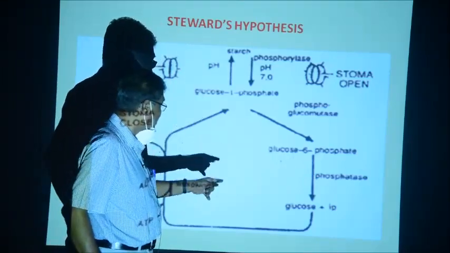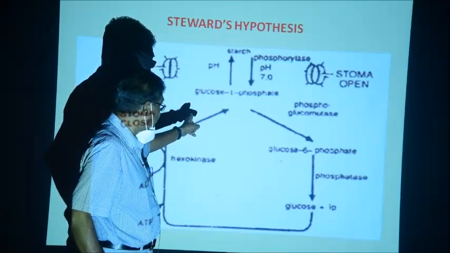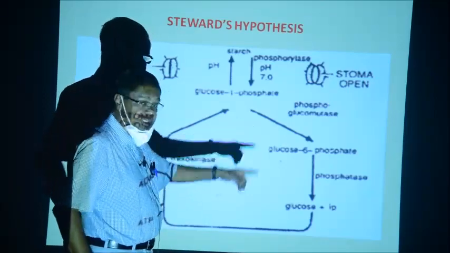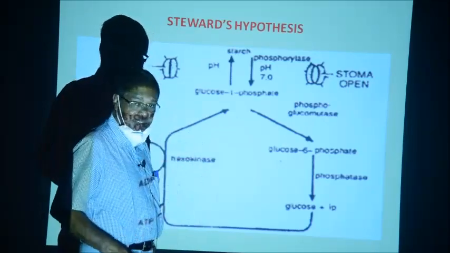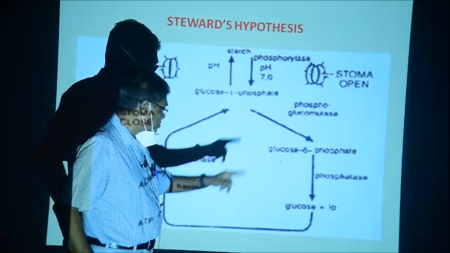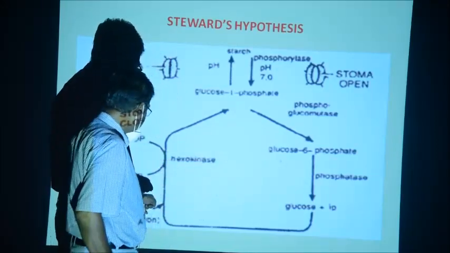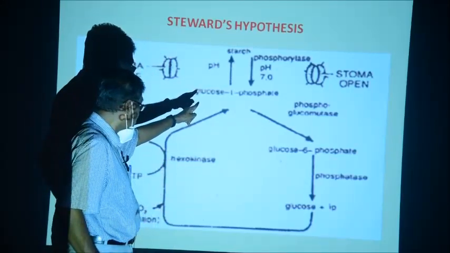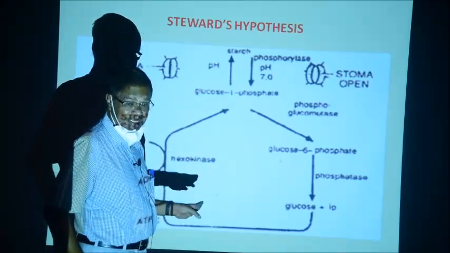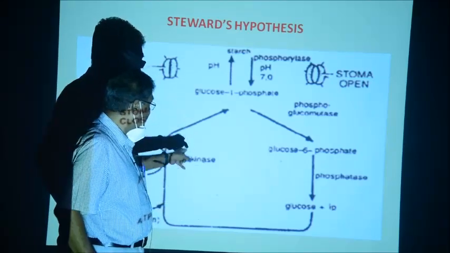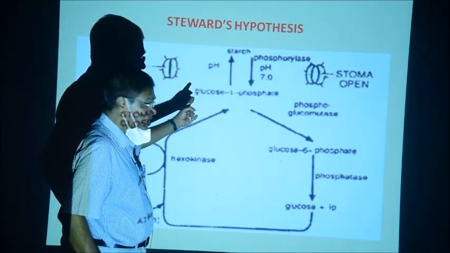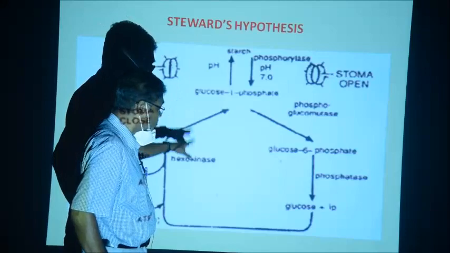This is a mutation enzyme where the phosphate changes from first position to 6th position. Now, this glucose 6-phosphate loses its phosphate, and glucose and phosphate are formed in the presence of phosphatase, and glucose is converted back to glucose 1-phosphate in the presence of hexokinase and ATP. Now, this glucose 1-phosphate is converted back to starch at pH 4.2 to 4.5.